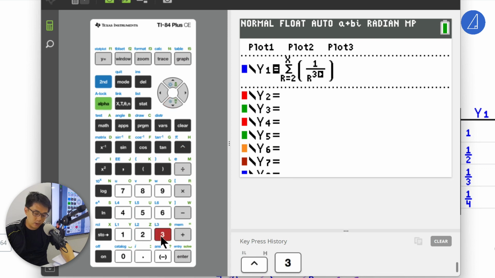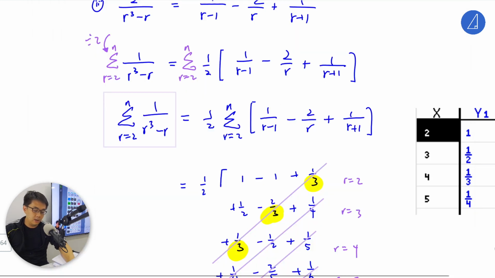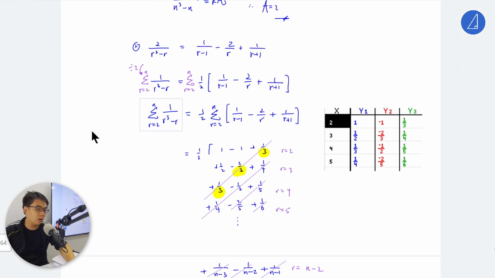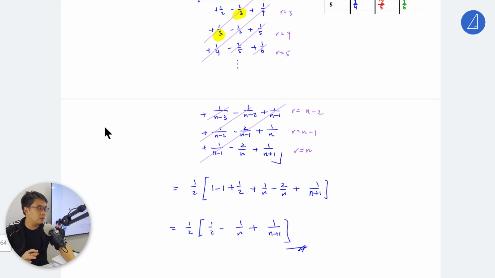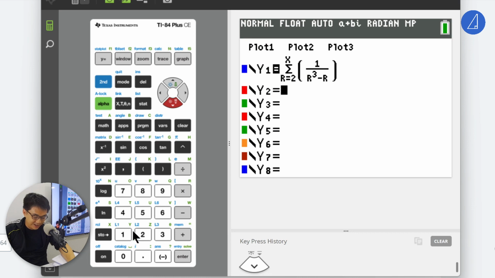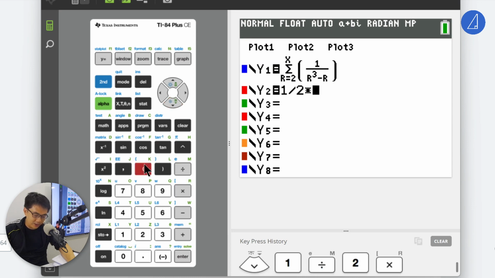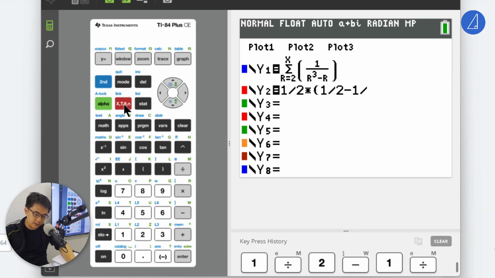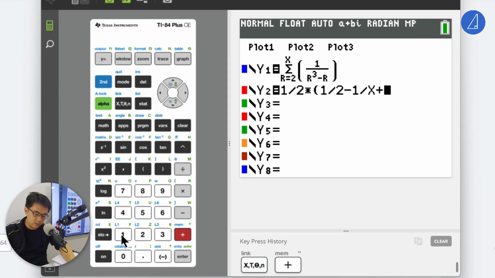r cubed minus r. All these things, exam technique, are super important. Once you check, you're definitely above 50% of the cohort. I can assure you, not many students will check their answer in the exam. So just check it. In this case, you just key in calculator minus 1 over x, then plus 1 over x plus 1.